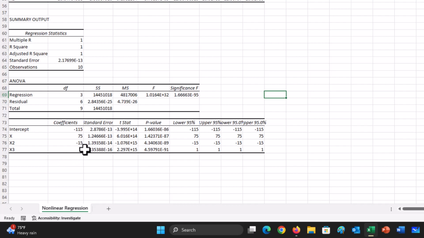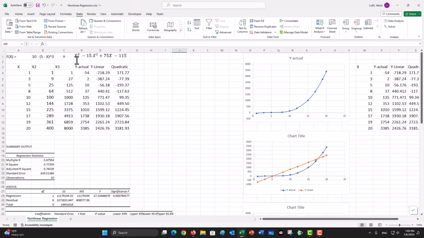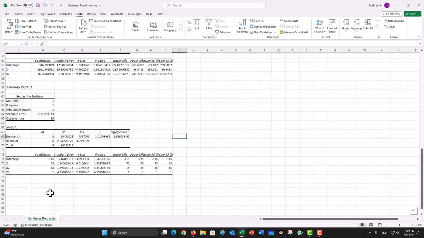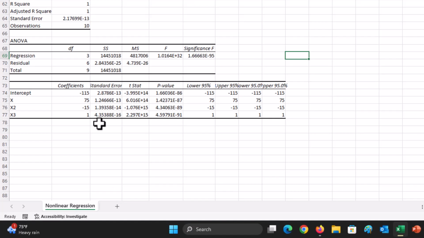Let's compare this with the original equation. Voila. Minus 115, 75x minus 15x squared plus x to the power of 3. It actually predicted it with 100% accuracy.